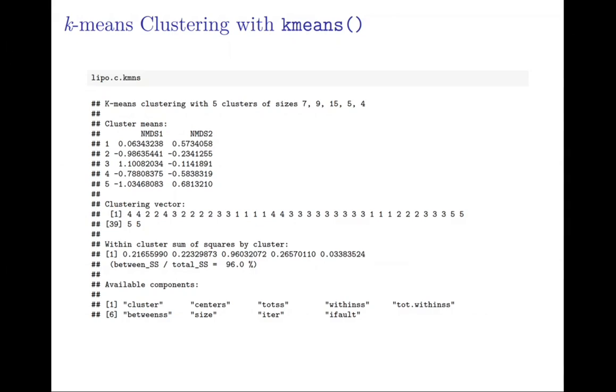And then if you wanted to plot the means, right, because it chooses the arithmetic mean of all those points, you have your 5 mean cluster XY coordinates in case you wanted to plot them for any reason. The clustering vector is the cluster that each accession falls into, and then some various other information that you can get about your k-means output.